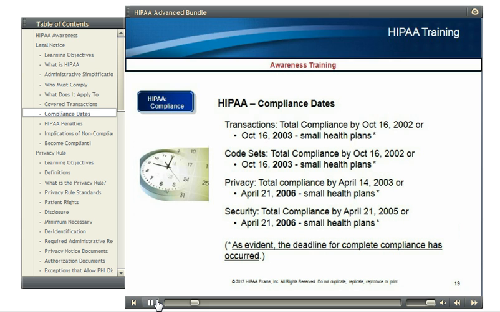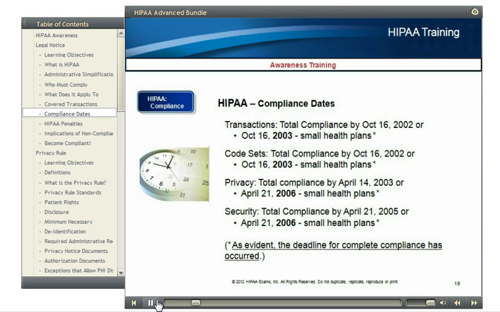HIPAA, compliance dates. Transactions, total compliance by October 16, 2002, or October 16, 2003, small health plans. Code sets, total compliance by October 16, 2002, or October 16, 2003, small health plans.